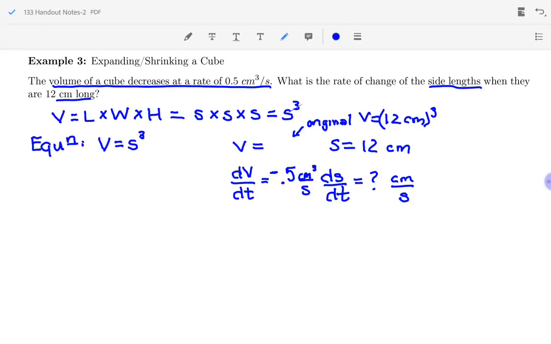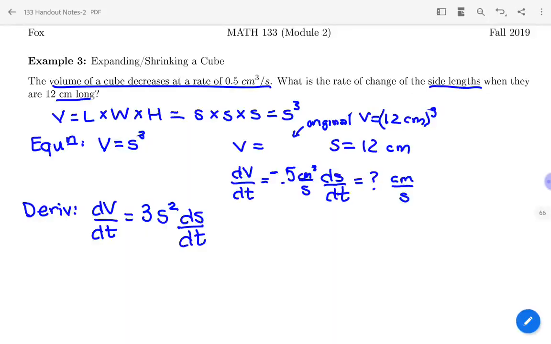So now that we have our equation and our variables and their derivatives, we are ready to take the derivative, plug in for what we know and solve for what we don't. The derivative of V with respect to time is just going to be 1 dV dt. And then the derivative of S cubed with respect to time would be 3S squared dS dt. Okay.